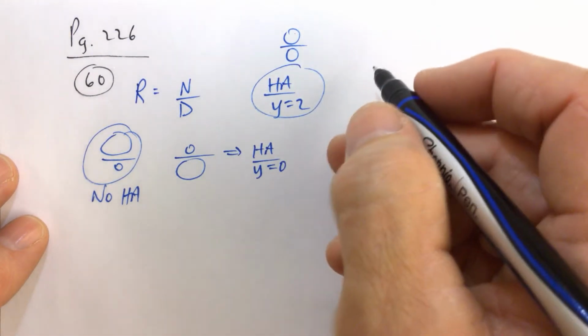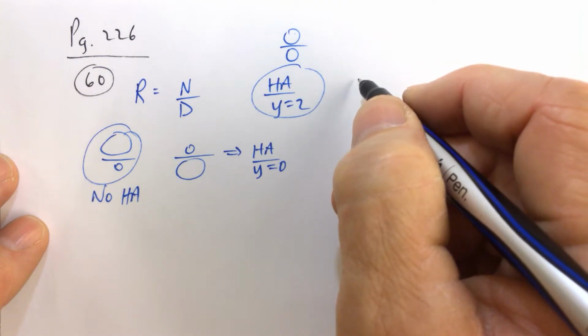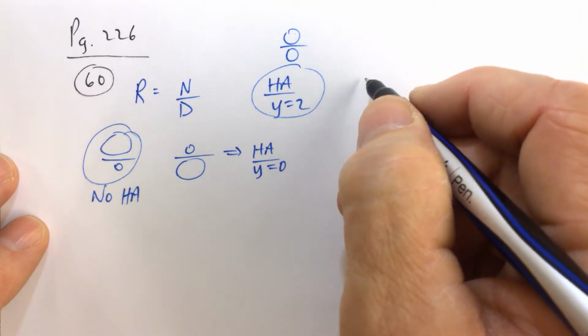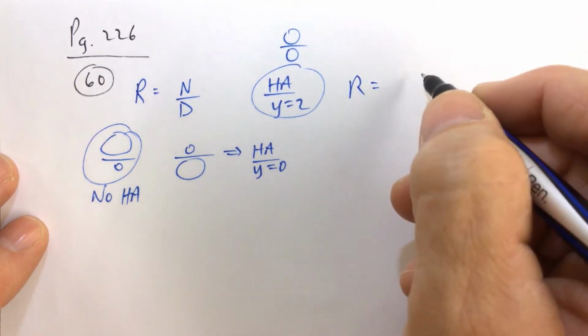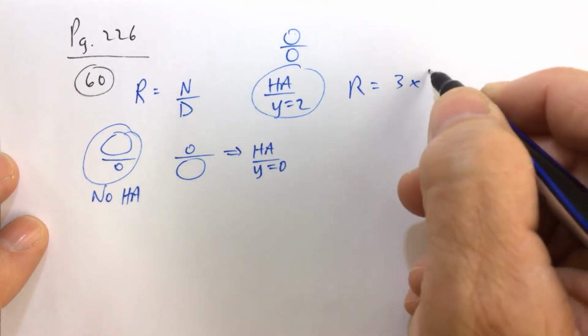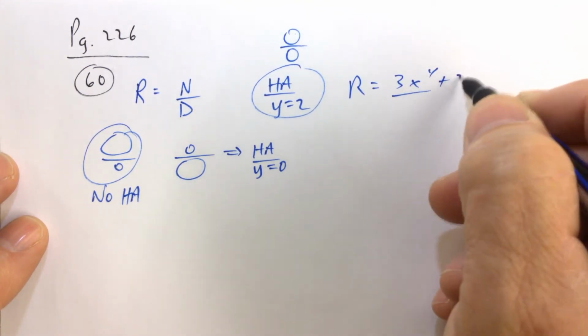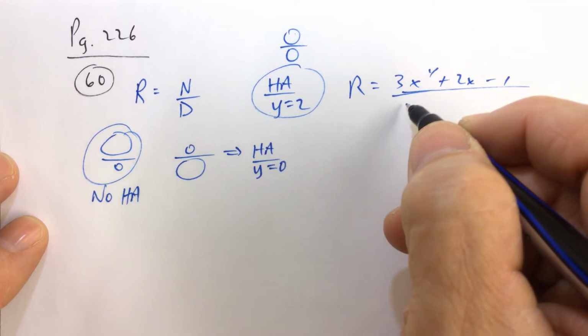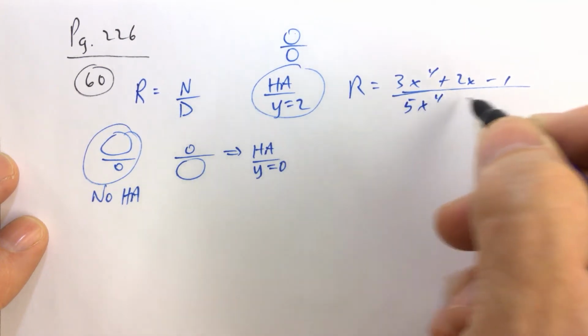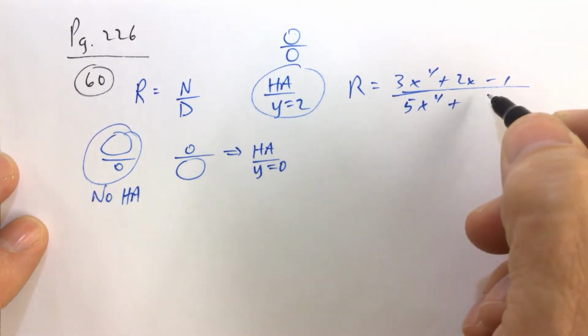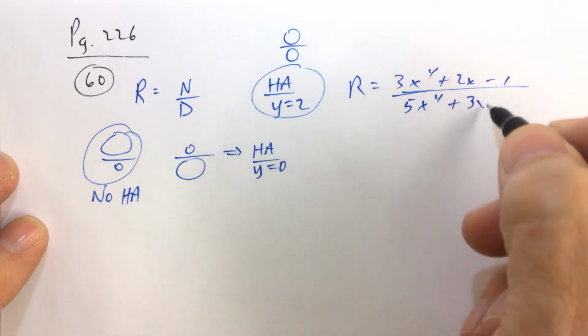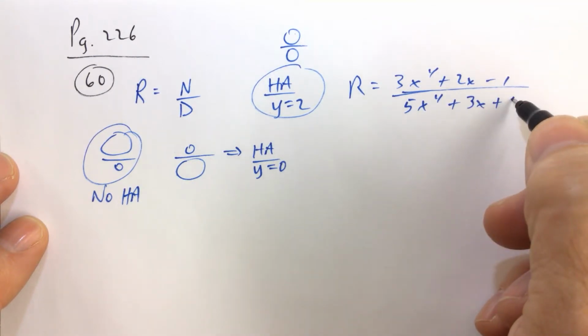Now, what happens as a result of that? Let's say we have an example of 3x to the fourth plus 2x minus 1 over 5x to the fourth plus 3x plus 6.